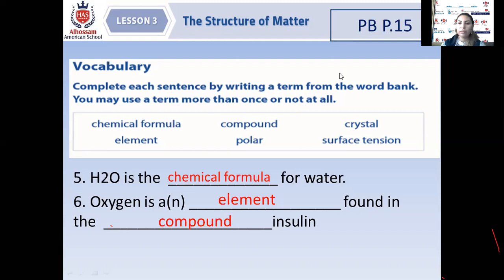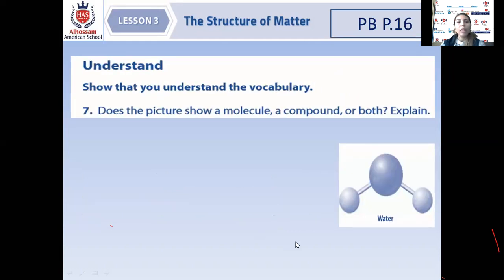Number 7, does the picture show a molecule, compound, or both? And explain your answer.